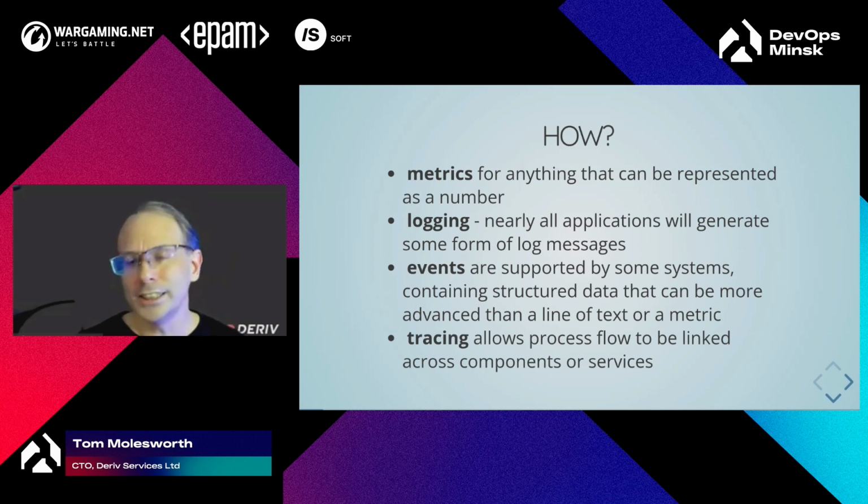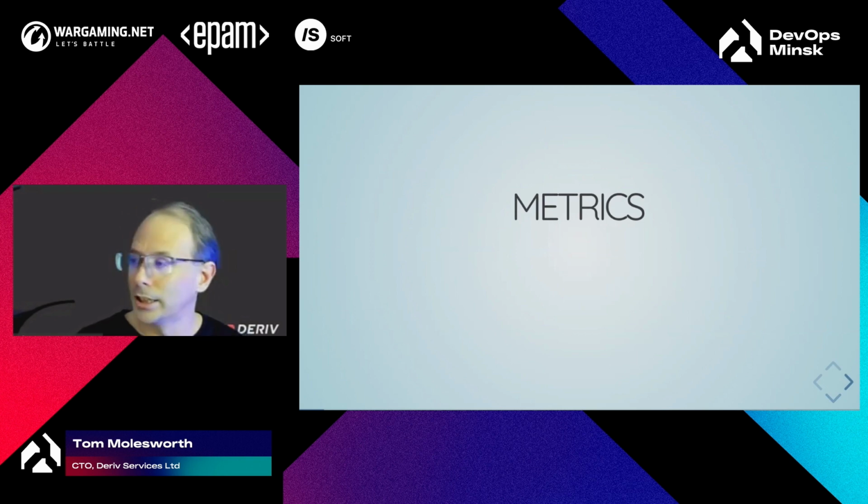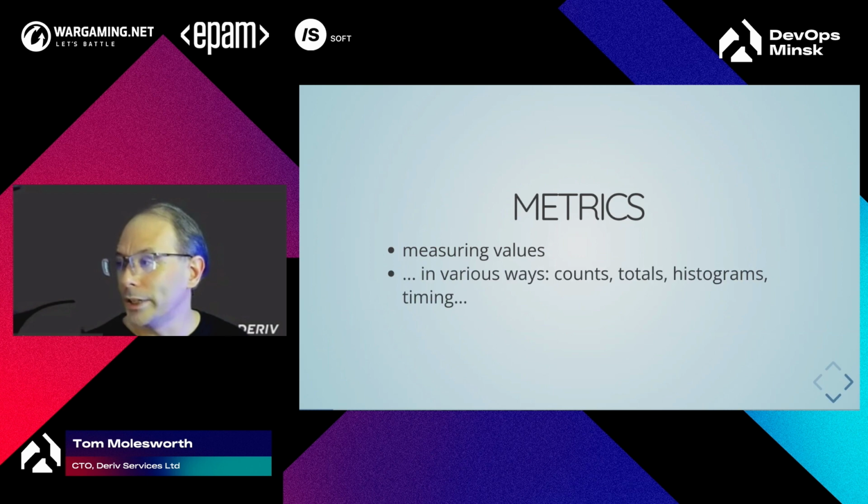And then with tracing, we get to link the process flow, see how the parts of the system interact, and identify exactly what's happening throughout the system as a cohesive whole, as a combination, not just looking at single numbers or single messages. So if we start with the metrics, and these are values, numbers, and we can track these across counts, totals.